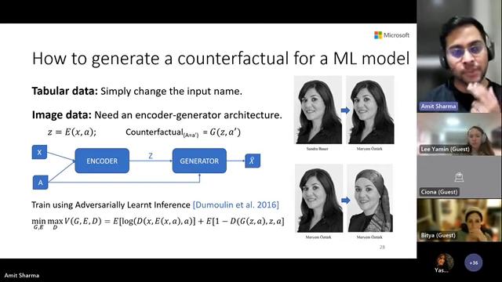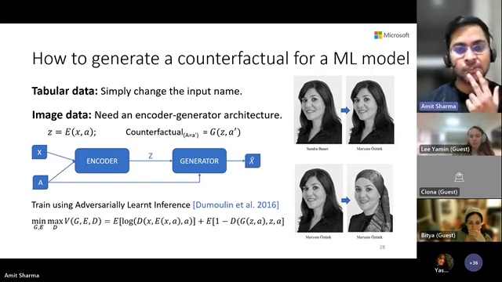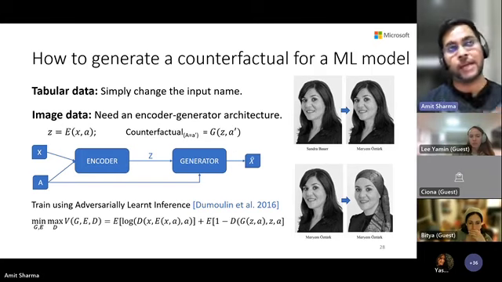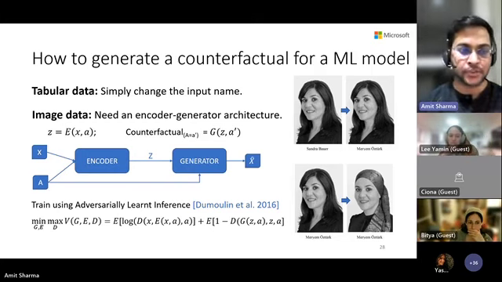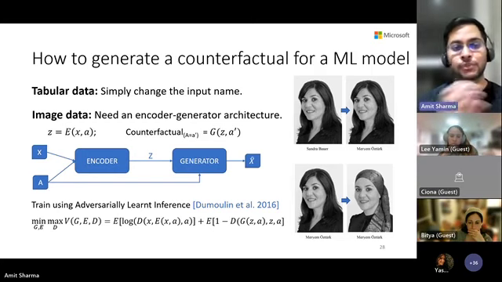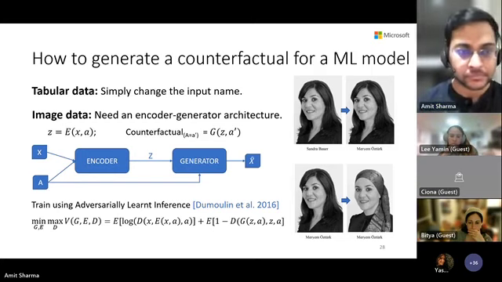But then at test time, you can start changing these attributes. So in our case, hypothetically speaking, if we were training on this data set, we might have an attribute called headscarf. And if we change this attribute at test time, then we can start generating images which would be the same person, but now with a different attribute.